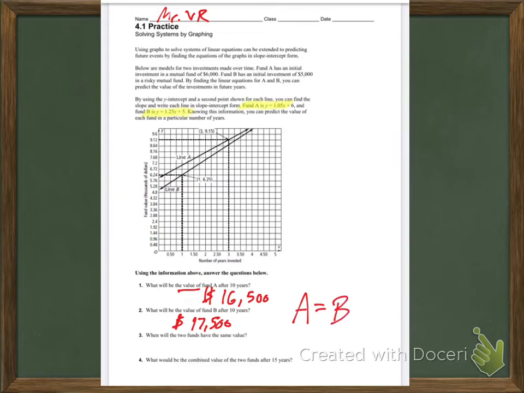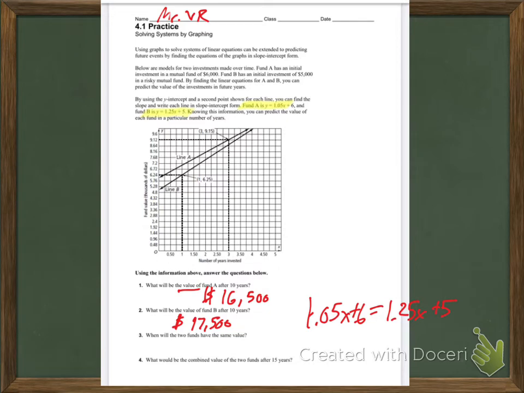So if Fund A is 1.05x plus 6, when is that going to equal B, which is 1.25x plus 5?